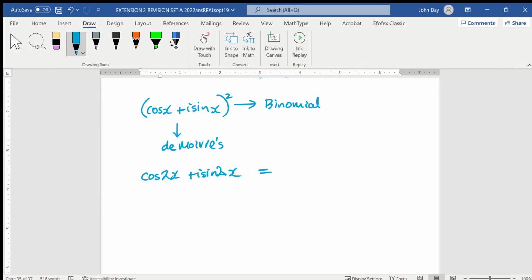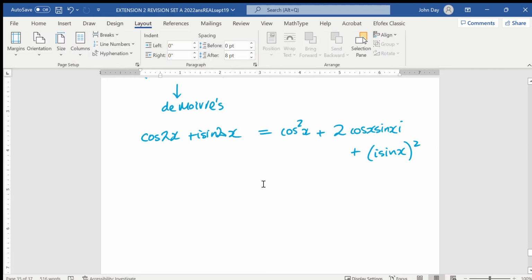Expanding it using the binomial theorem, we've got cos squared x plus 2 cos x sine x times i, and plus i sine x being squared. So it's a squared plus 2ab plus b squared, basically.